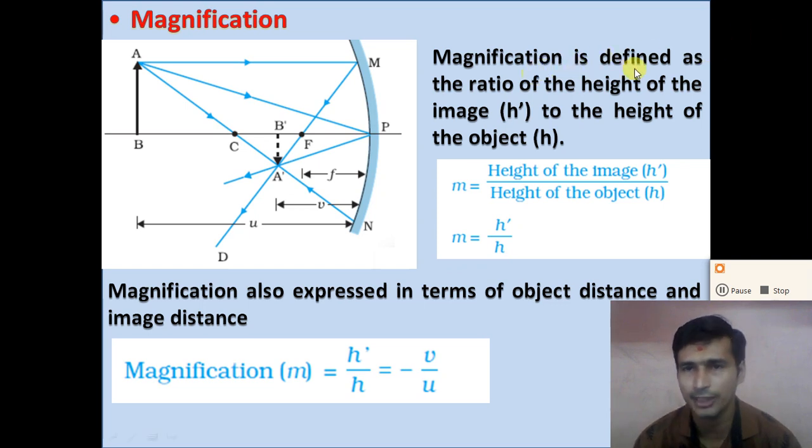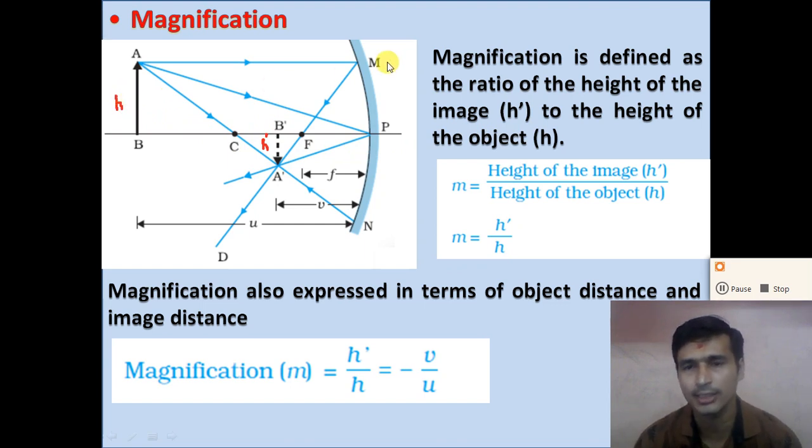Magnification is defined as the ratio of the height of the image h dash to the height of the object h. Here, if we consider the object AB with height h, and the height of the image A dash B dash is h dash, then the ratio of the height of the image h dash to the height of the object h is called the magnification.